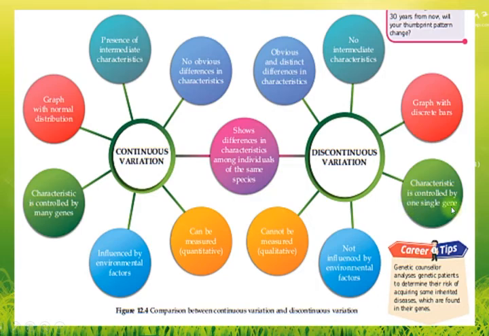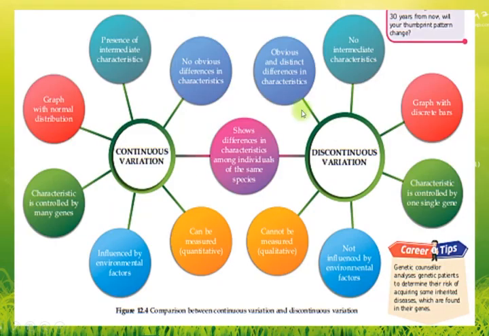Number 5, continuous variation is influenced by environmental factors, while discontinuous variation is not. And last, continuous variation can be measured, which is quantitative, and discontinuous variation cannot be measured. So this is the comparison between continuous and discontinuous variation.